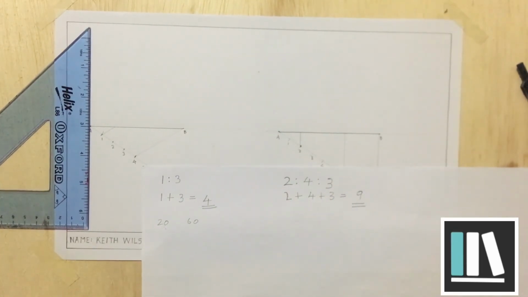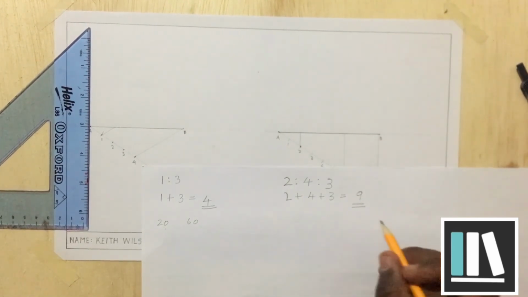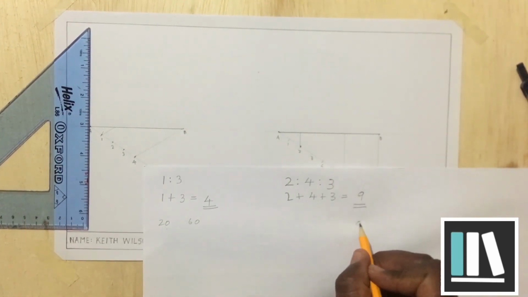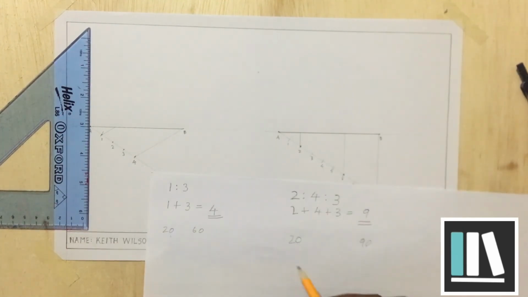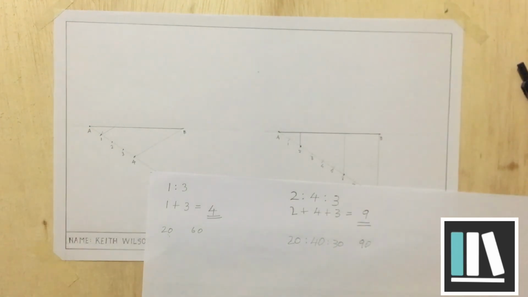Right? So if the line is 90 millimeters, in order to test this, we can see if the first ratio is 20, the second ratio is 40, and the third ratio is 30. So let's test this.